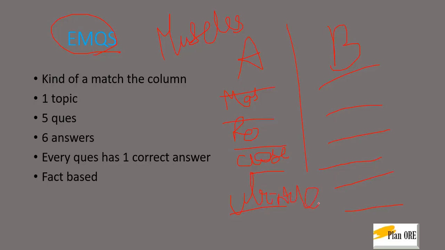And on the right hand column you will have answers like buccinator, masseter, orbicularis oculi, orbicularis oris, and you need to correctly match the answers. So every question will have one correct answer, and these questions are usually fact-based, right out from the book.